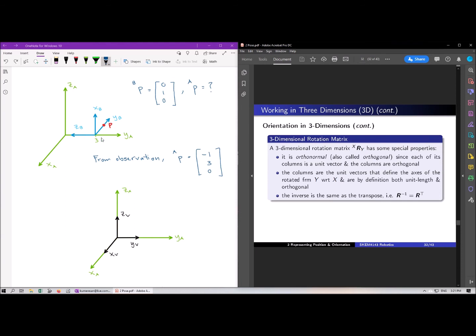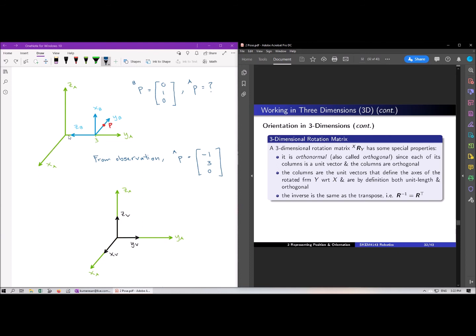We have two coordinate frames here, coordinate frame A, which I have not labeled for clarity, but you know this is XA, and this is coordinate frame B. We have a point, and in this case, the point is given with respect to B as 0, 1, 0. That means it is on YB equals 1. Our task here is to find what P is with respect to A. So what is this point with respect to this coordinate frame?